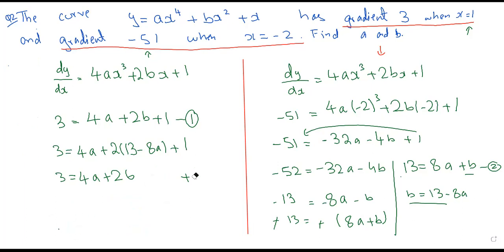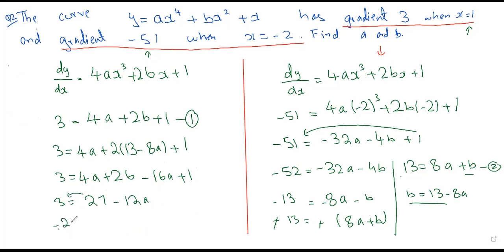Okay. So it would be minus 16a plus 1. Yes. So 3 equals 27 minus 12a, and I'll take 27 to that side.